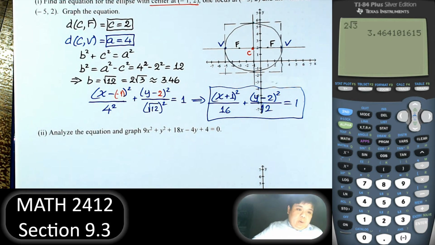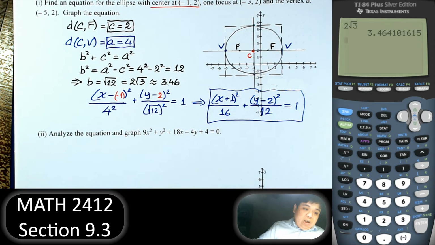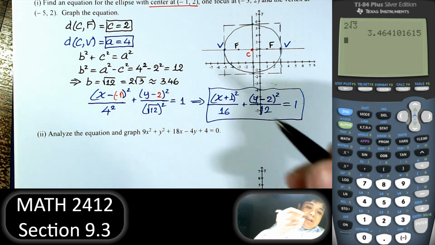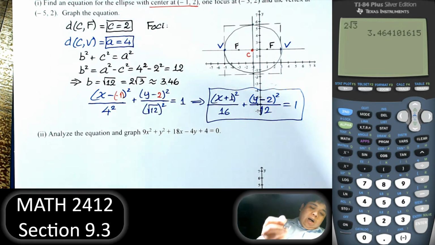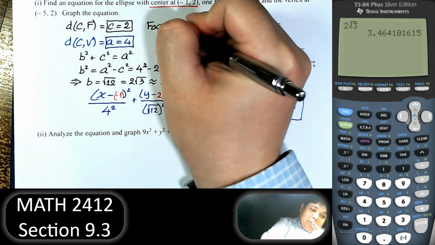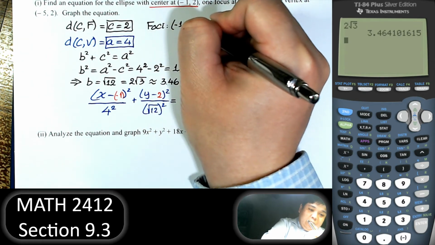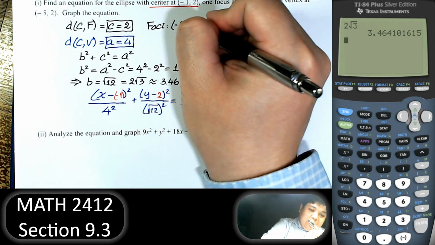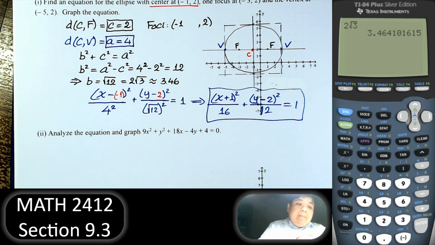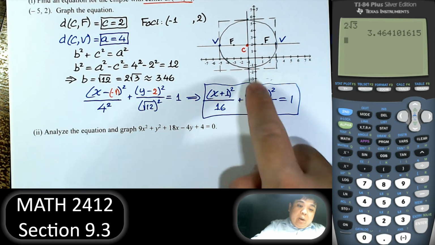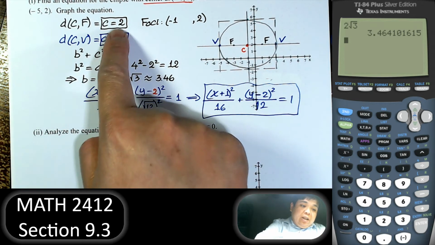By the way, we have a center there. If we want to write the characteristic, the foci will be at -1 and 2. That is the center, but we go left and right 2 units.